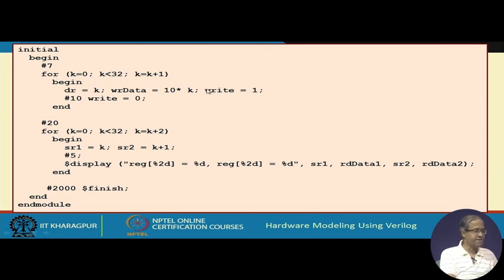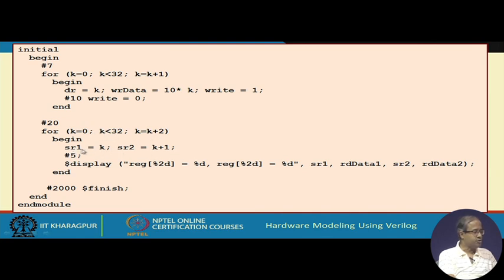After the writings are done, here just as an example, we are just observing the contents of some of the registers. So, what we are doing, k equal to 0 up to 31 again. Here we are reading 2 registers at a time, and k equal to k plus 2 is skipping by 2, okay? k equal to 0, 2, 4, 6, 8 like that.